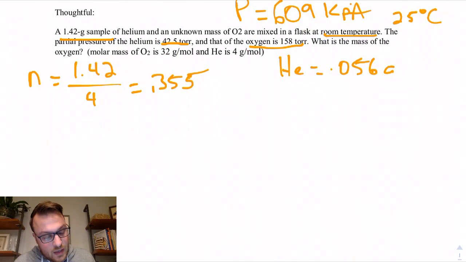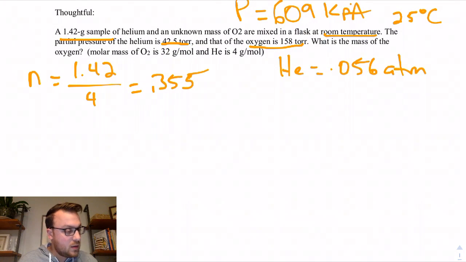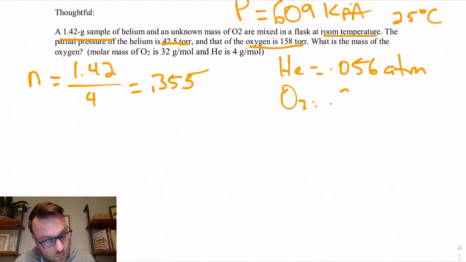And oxygen would be 158 divided by 760, 0.207 atmospheres. And I definitely remember giving those values in atm in class.